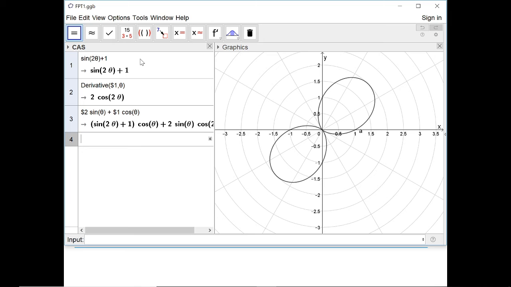And then the denominator, well, that was dr by d theta, so that's my expression 2 times cos theta, minus r, so that's expression 1, sine theta.